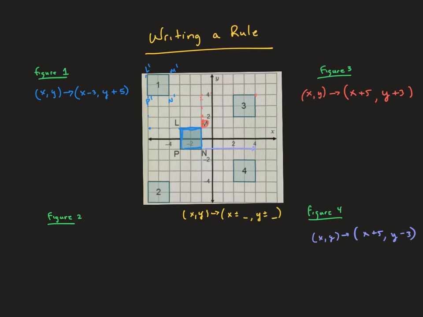And looking at figure number 2, it looks like we have come down 1, 2, 3, 4, 5. So my Y value is down 5, Y is minus 5. And then my X value is going to be 1, 2, 3, X minus 3, Y minus 5 would be that rule that we were looking at to get these points.